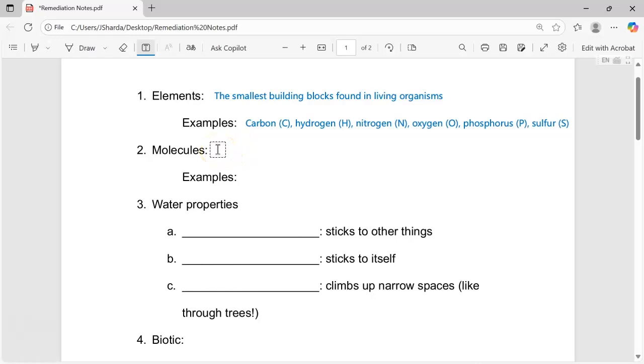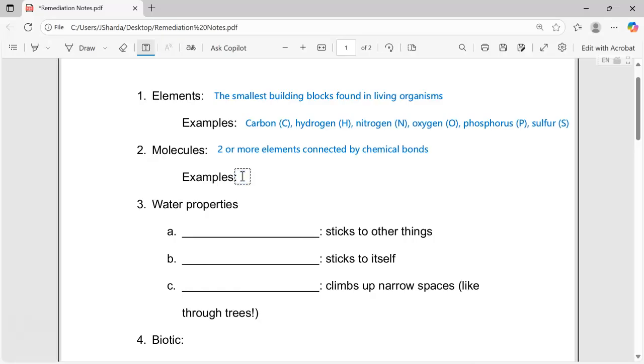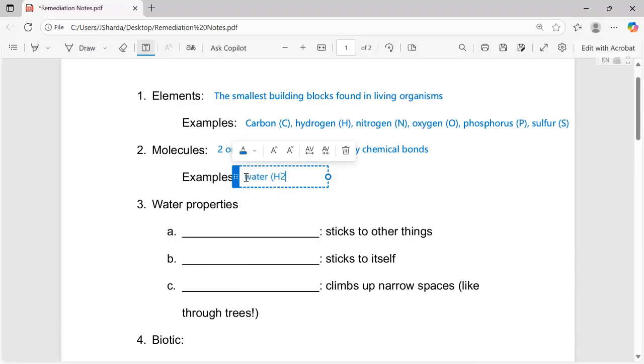Which brings us to the point of what a molecule is. A molecule is two or more elements connected by chemical bonds. So for example, water is H2O. That means you have two hydrogens and an oxygen. Carbon dioxide is another one, CO2.